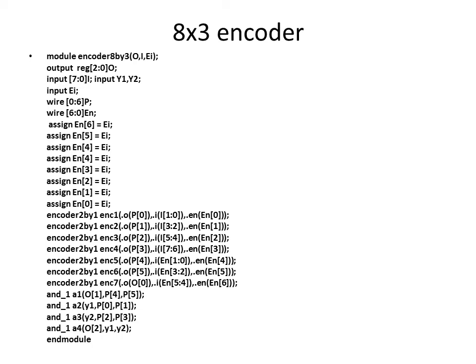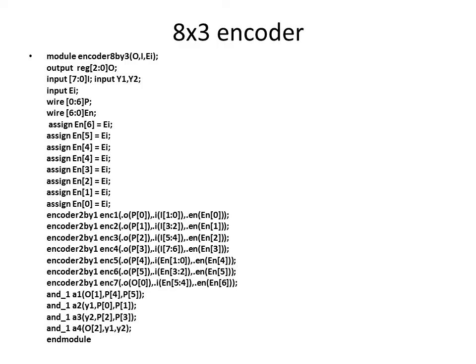Fifth encoder, here the inputs for the fifth encoder are the enable signals of first encoder and second encoder. Inputs for the sixth encoder are the enable signals of third encoder and fourth encoder. Similarly, the inputs for the seventh encoder are the enable signals of fifth encoder and sixth encoder.